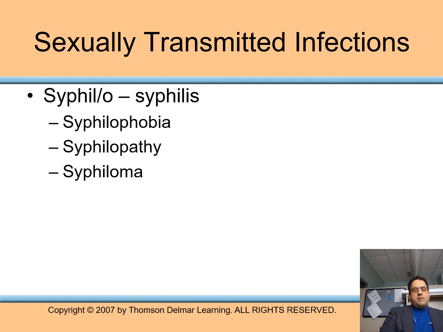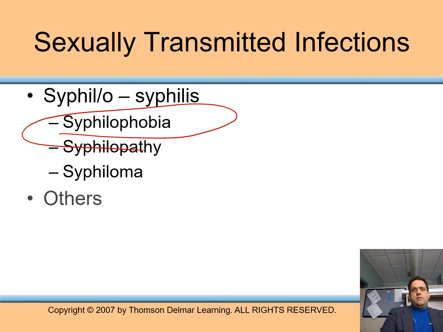But the problem is if it is not treated at that point, then it tends to go and infect other systems in your body, specifically the central nervous system, and it will actually cause a type of insanity, which is known as syphilophobia. A syphilopathy would be any disease caused by the syphilis bacteria, Treponema pallidum. Syphiloma is the name we would give to that canker that will develop. It is a non-cancerous enlargement or growth.